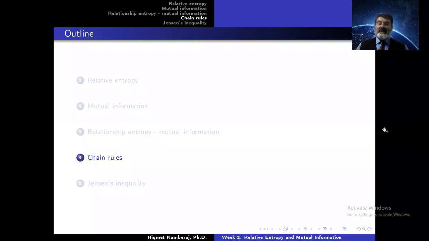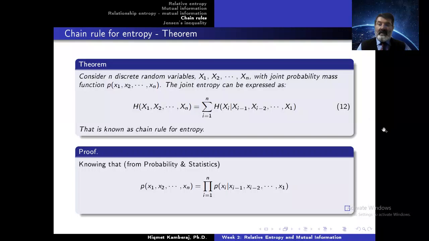Next, we are going to learn about the so-called chain rules. First, we are introducing a theorem about the chain rule of entropy. Consider n discrete random variables, let's say x1, x2, up to xn, with joint probability mass function p of x1, x2, up to xn.